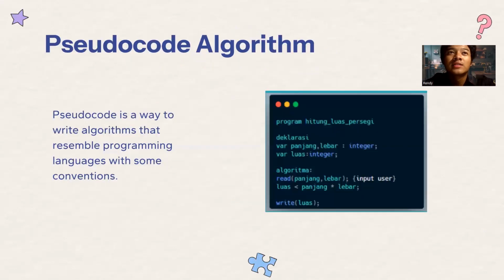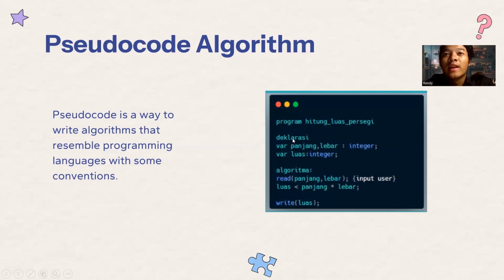And the last type of algorithm is the pseudocode algorithm. Pseudocode is a way to write algorithms that resemble a programming language with some conventions. As you can see here, it resembles a programming language, but it is pure human language.